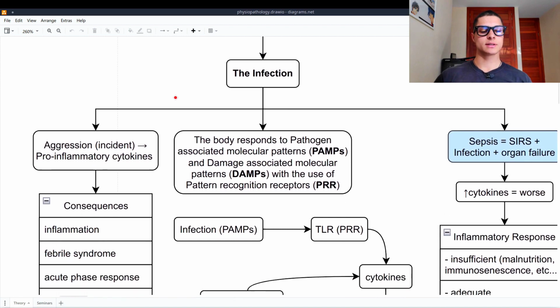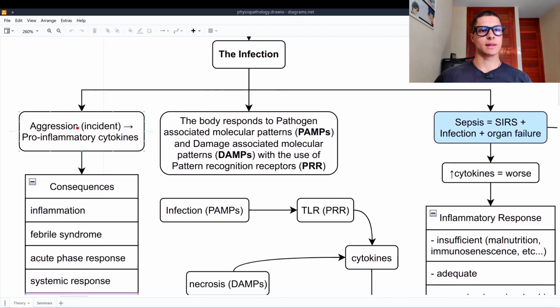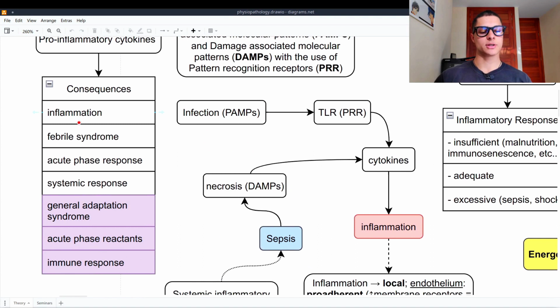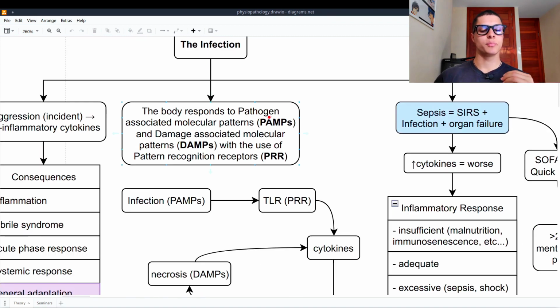The infection is an aggression, an incident that happens to an individual, and it triggers pro-inflammatory cytokines. The consequences are inflammation, febrile syndrome, acute phase response, and systemic response, all at the same time, plus general adaptation syndrome, acute phase reactance, and immune response. The body responds to pathogen-associated molecular patterns.